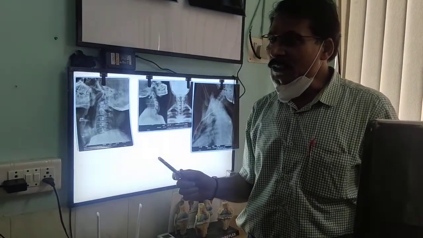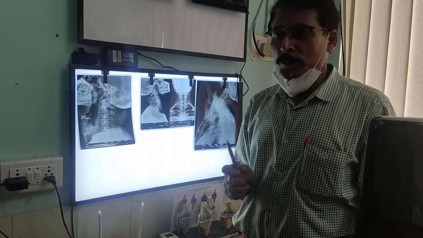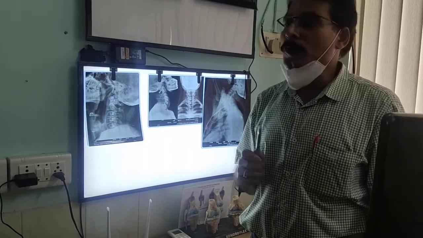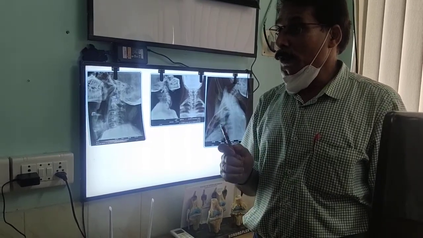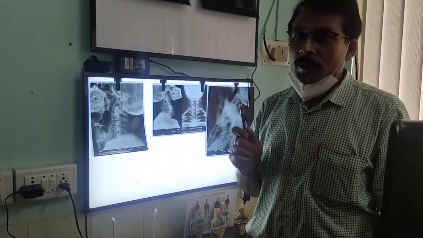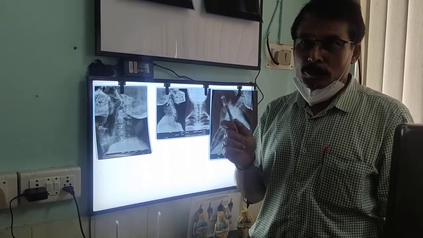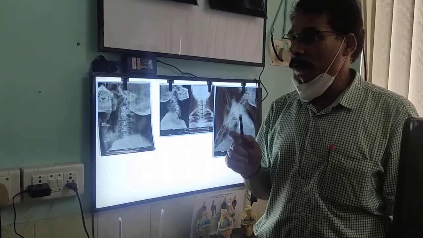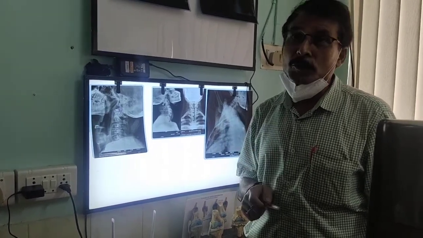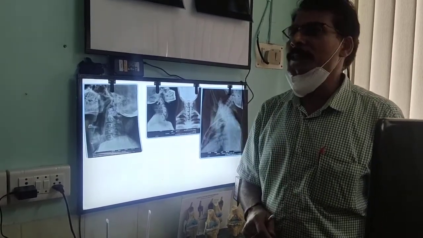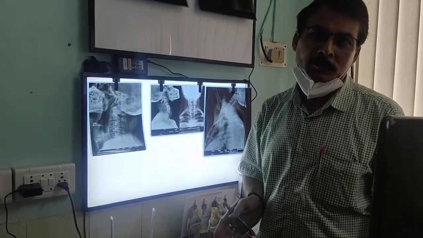That is what we are going to talk about today. As I said already, the most important thing is that it is very difficult to know the craniocervical junction, which comprises the occiput, C1 and C2 junction. This junctional part is a bit difficult to understand sometimes, with all the modalities of investigation, including X-ray, CT scan, MRI.